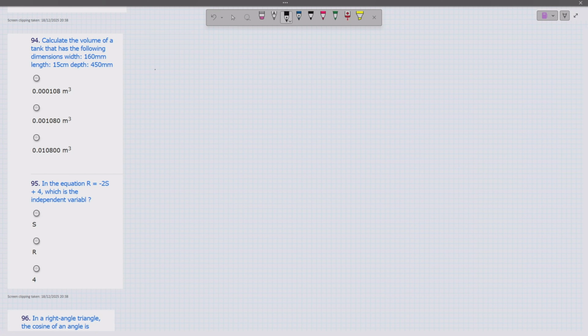So we have 160 millimeters. That will give you 0.16 meters. 15 centimeters is going to give you 0.15 meters. 450 millimeters will give you 0.45 meters.